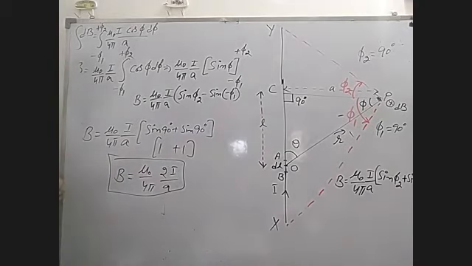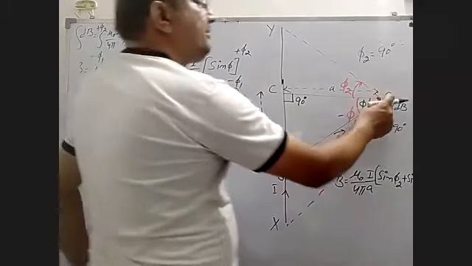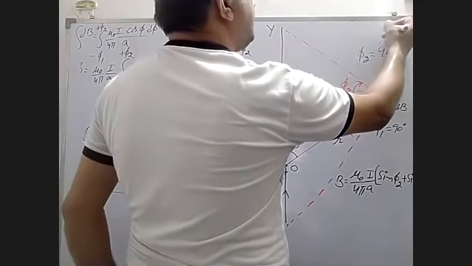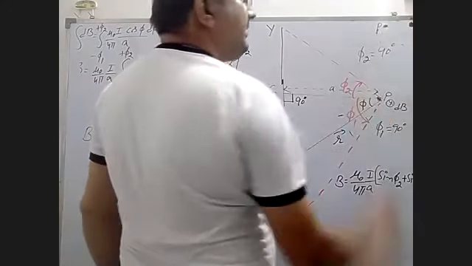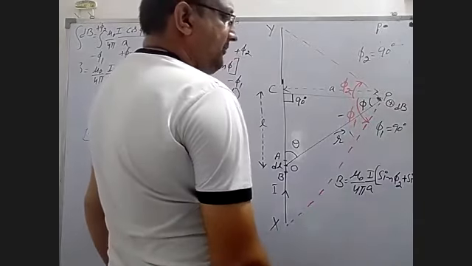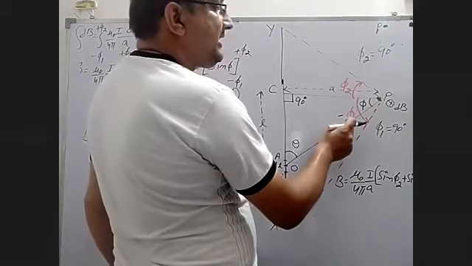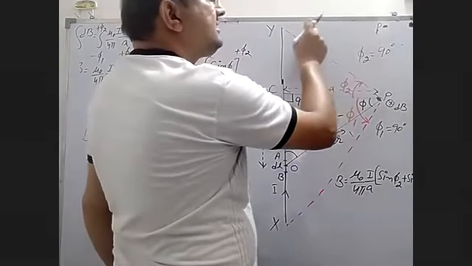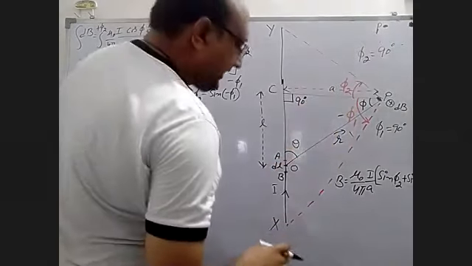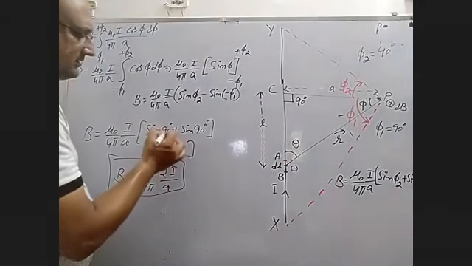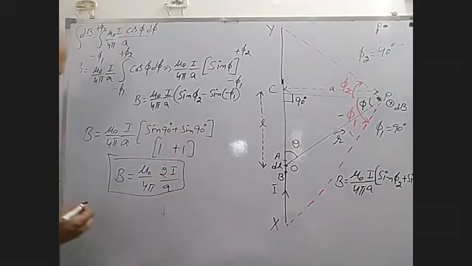Okay. Suppose now this point P is at this end. Now what will happen? Only this angle is 90, phi 1 is 90 and phi 2 is 0. In this case, this relation becomes sin 0 plus sin 90.